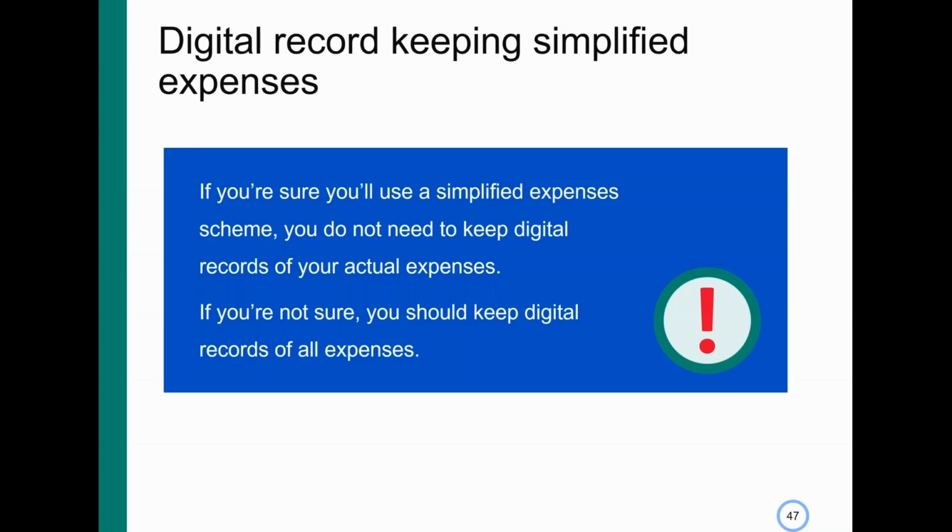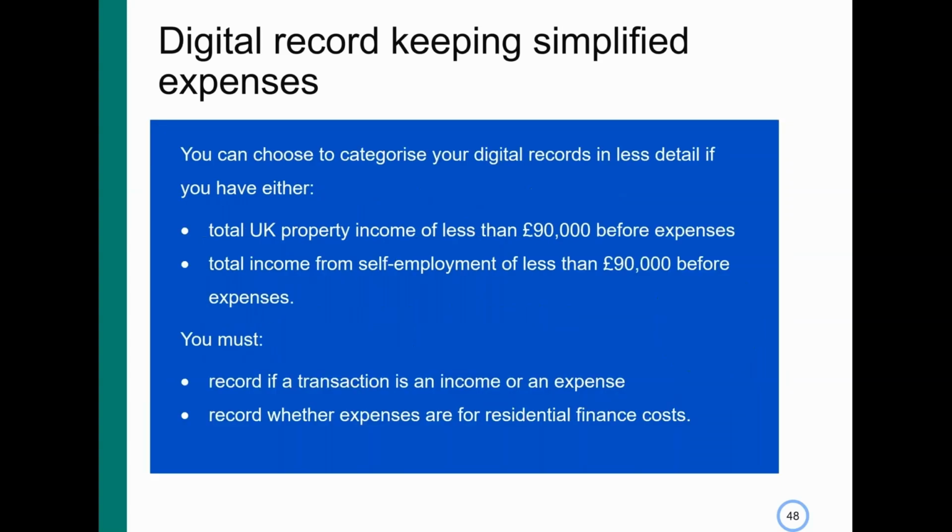You can choose to categorize your data records in less detail if you have either total UK property income of less than £90,000 before expenses, or total income from self-employment of less than £90,000 before expenses. You can do this for one or both sources of income.